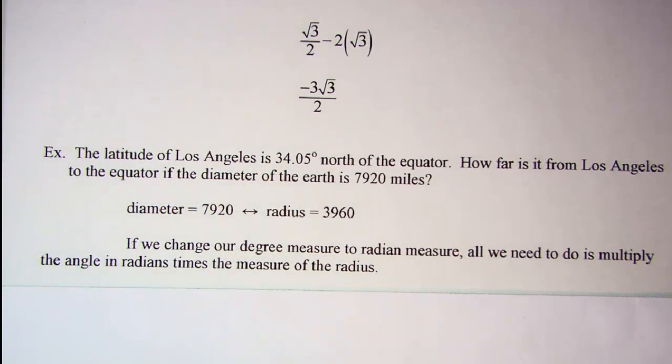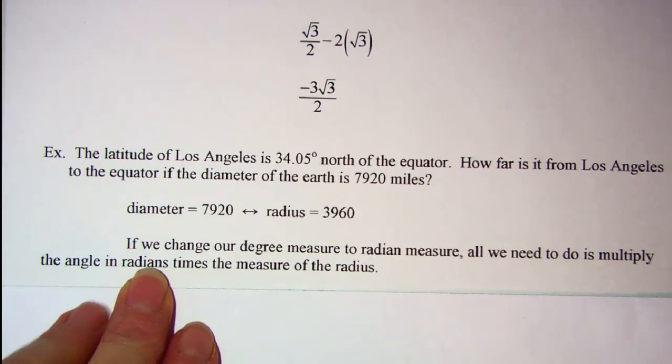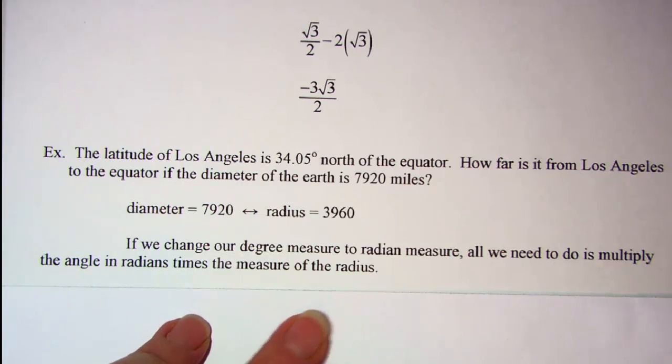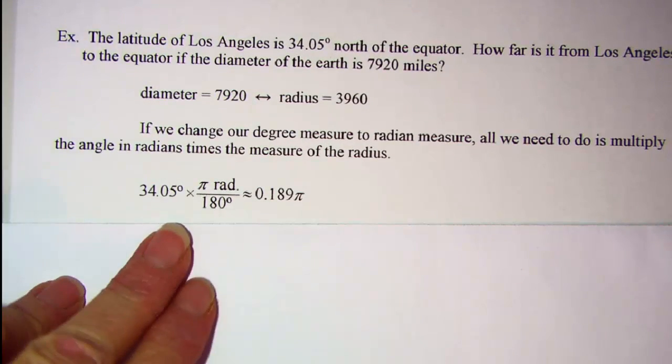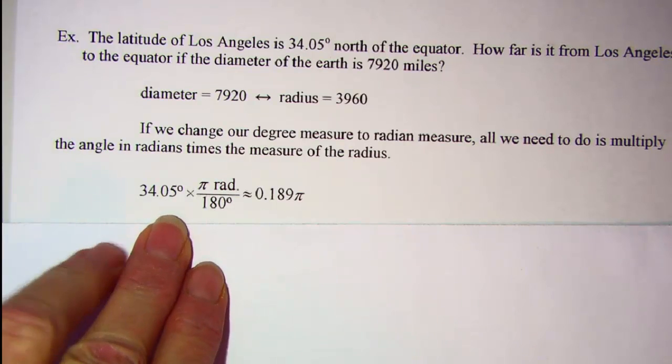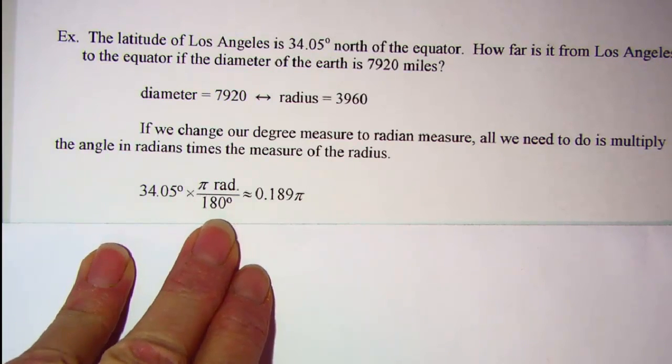If we change our degree measure to radian measure, then by definition of radian, all we need to do is multiply the angle that's in radians times the measure of the radius. So to change 34.05 degrees to radians, you multiply by pi over 180.